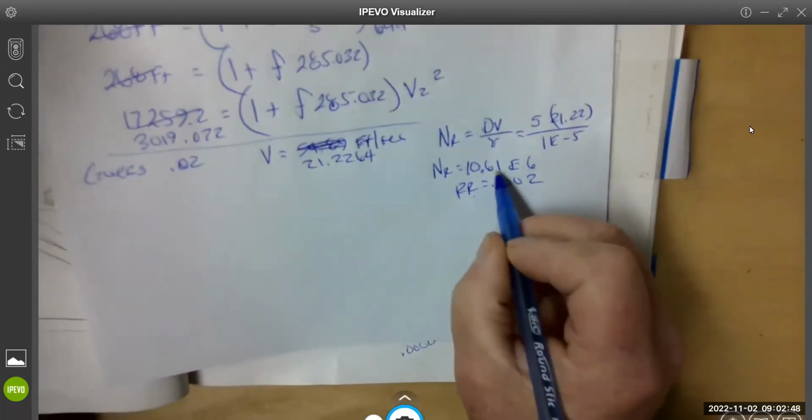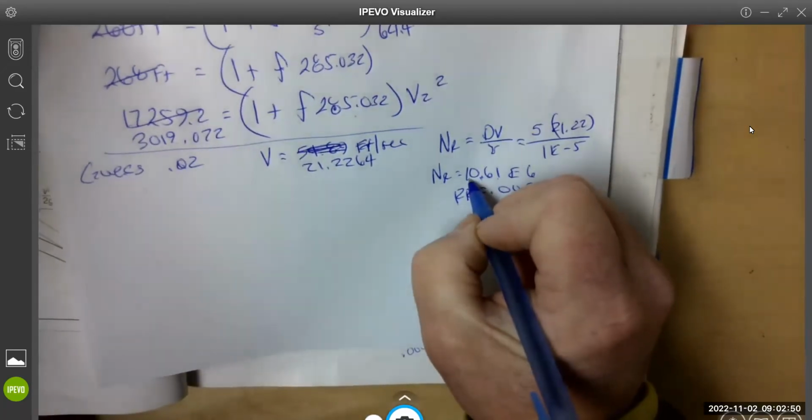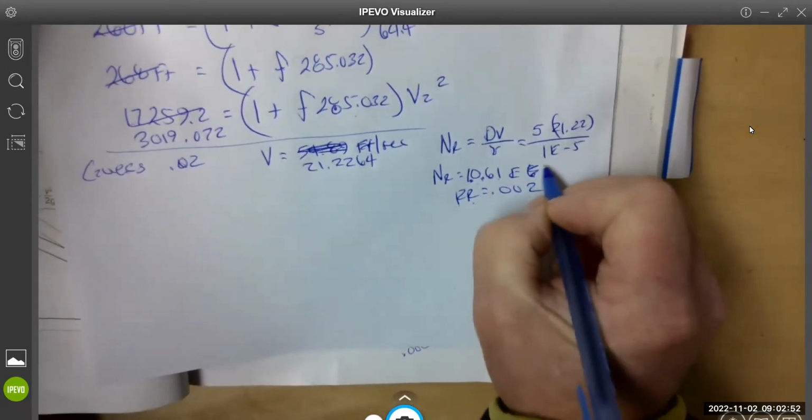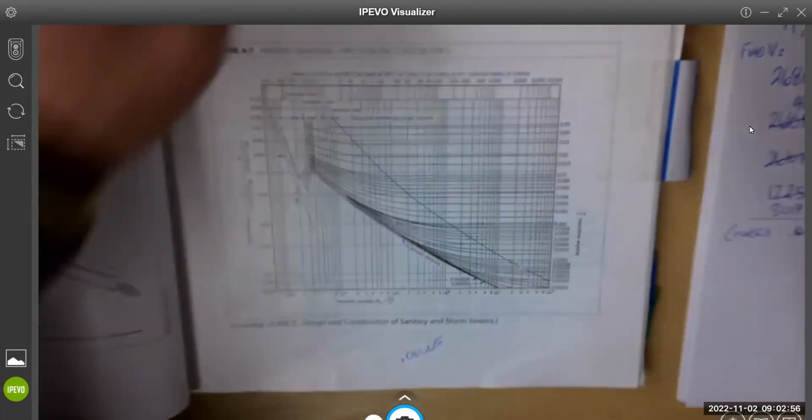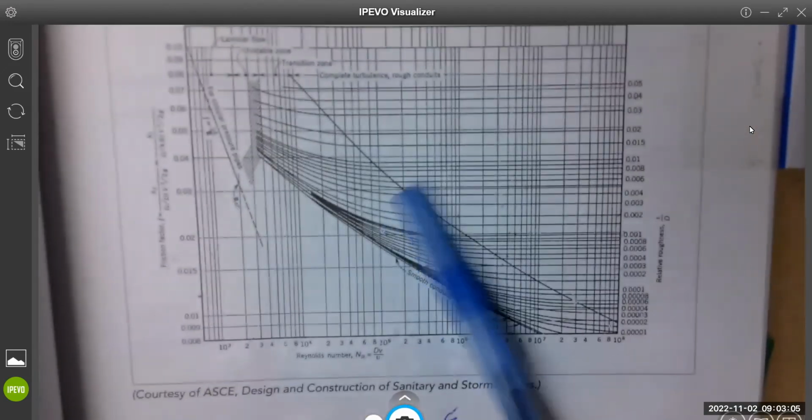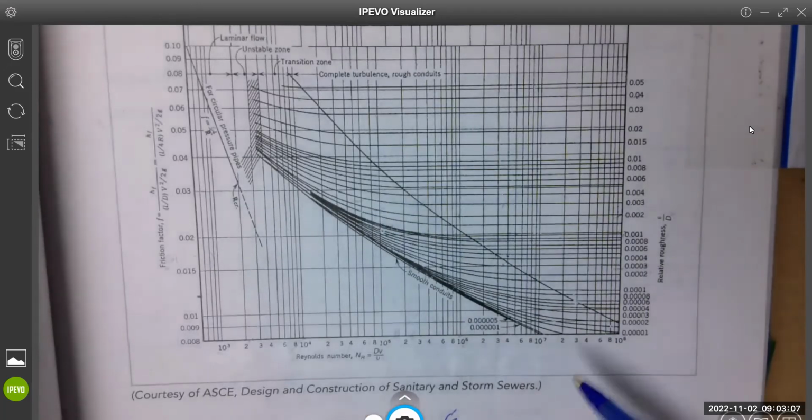So we can't get 10.61, we can get 1.06 to the 7. Follow that 10 to the 7 straight up. There we go.